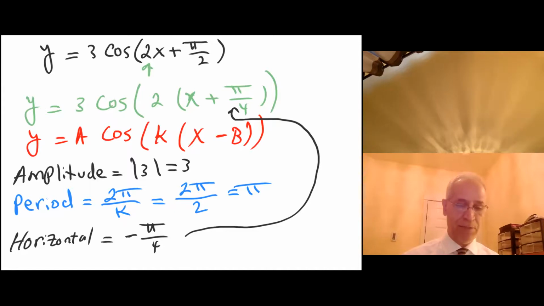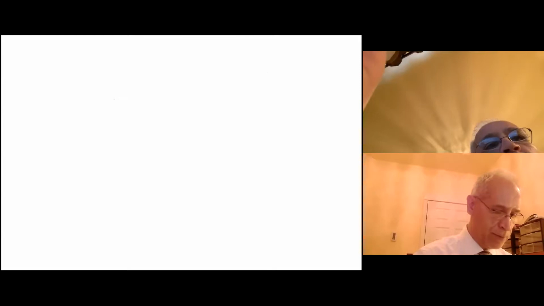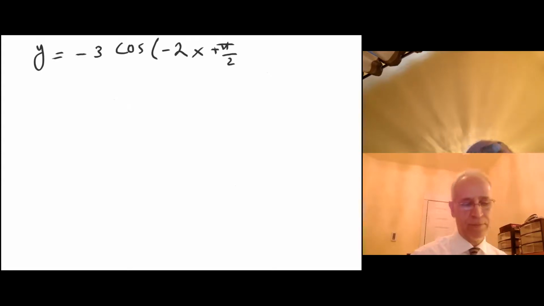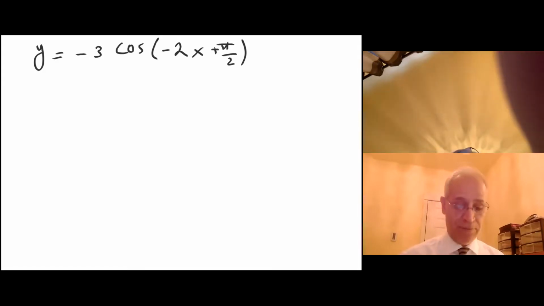Let's do another example. How about y equals minus 3 cosine of minus 2x plus pi over 2. First I'm going to find everything without factoring the coefficient of x.